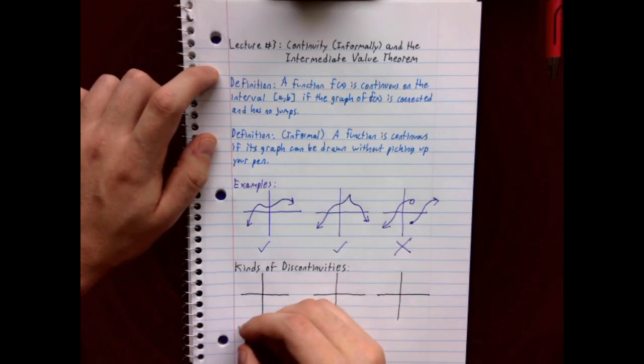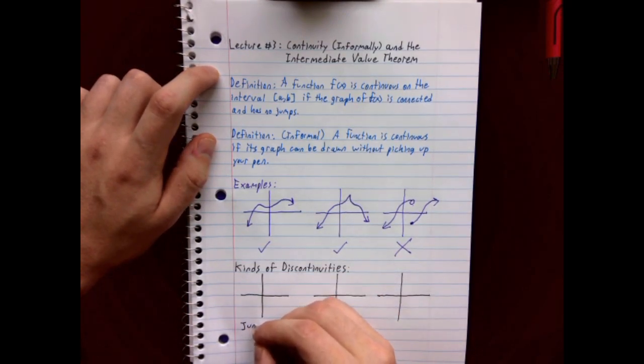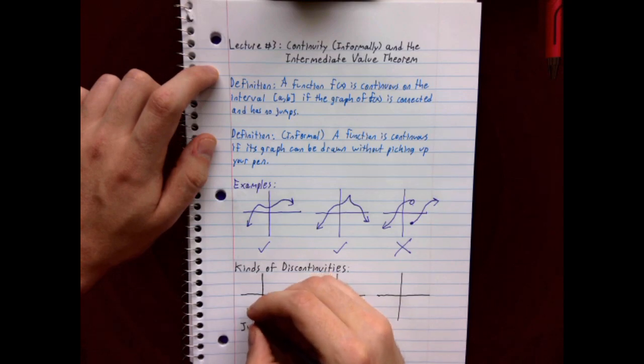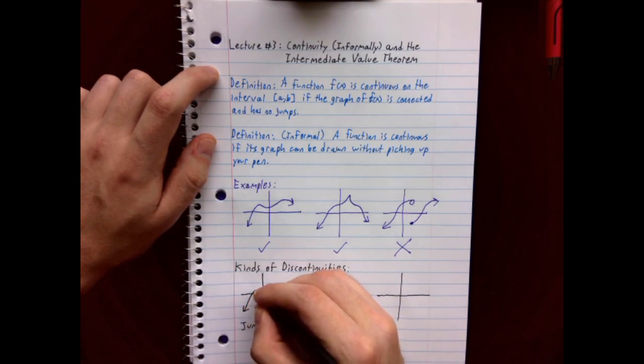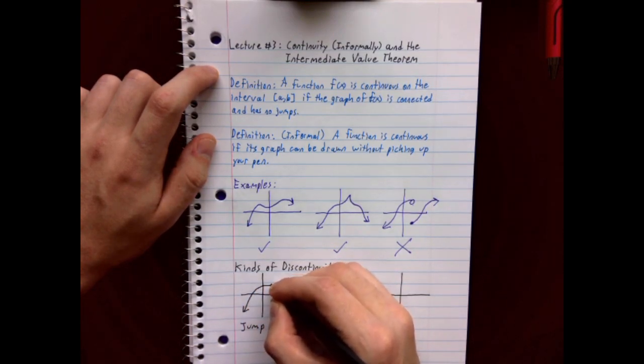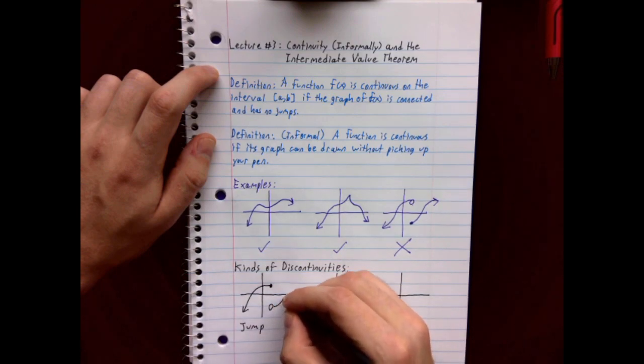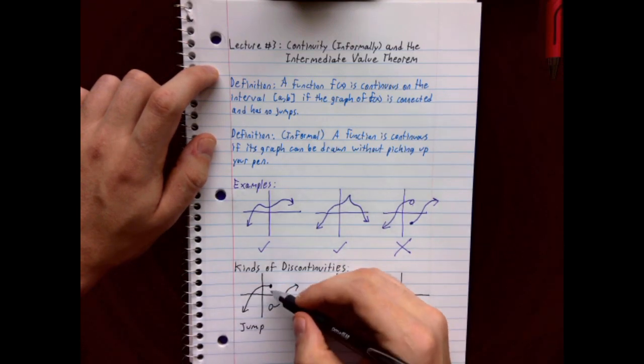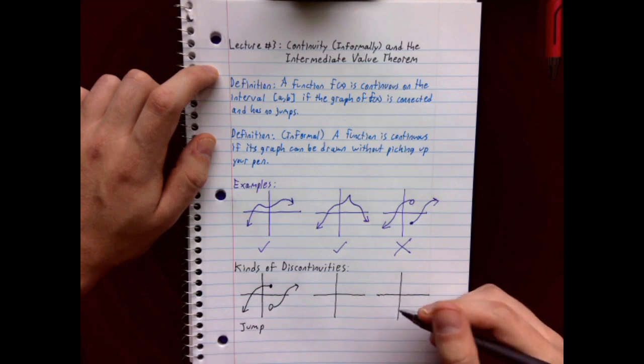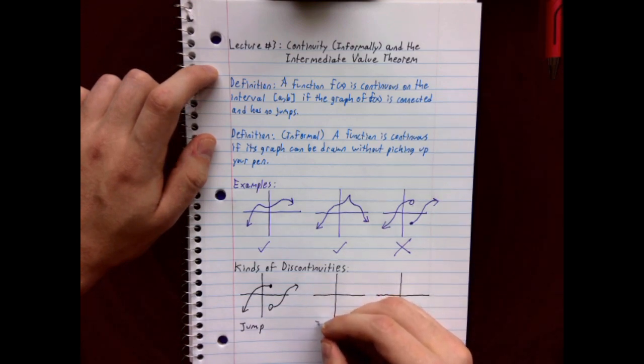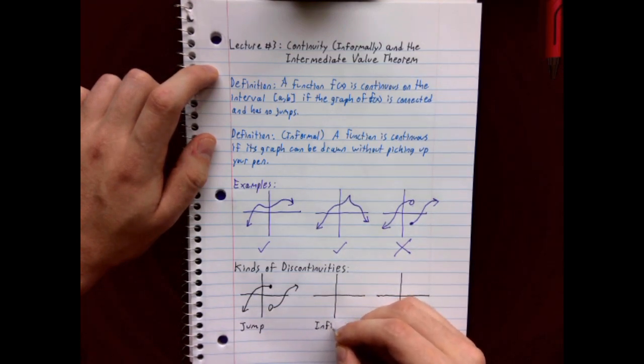The first kind, like we've already seen, is a jump discontinuity. The graph is continuous, and then it jumps to another point, from this point down to this one. The next kind is an infinite discontinuity.